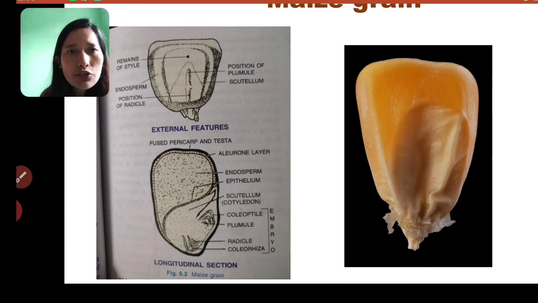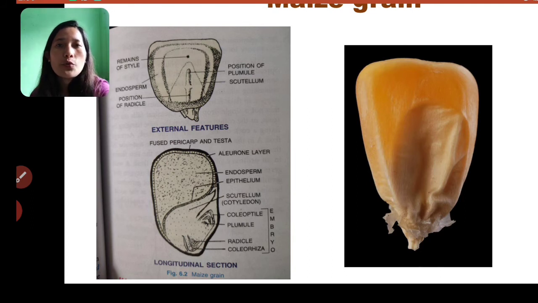Now let us get into detail about the internal structure. If you do a longitudinal section of a maize seed, maize seed is also referred to as grain. Why is it called grain? At the start of the chapter I told you that grain means the fruit wall and the seed coat are fused together, forming a single layer, that's why it is referred to as a grain.